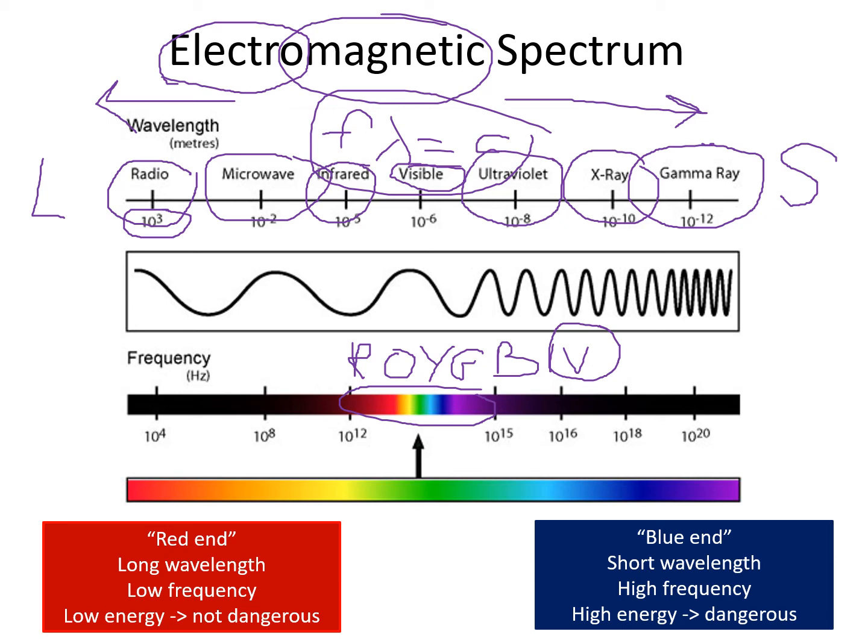So the radio end, which we sometimes call the red end, is characterized by long wavelength, low frequency, and low energy. These are not dangerous waves. And the reason why they're not dangerous is because energy is proportional to frequency. So if you have low frequency, you have low energy. Conversely, the gamma ray end is called the blue end, the short wavelength end, high frequency end, high energy end, dangerous end.